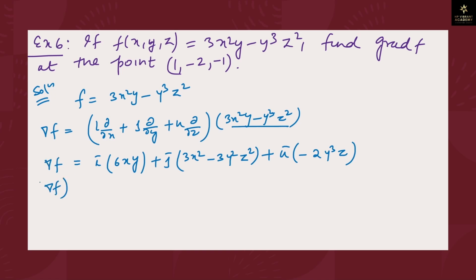So the gradient of f at 1 comma minus 2 comma minus 1. Let us place the values.